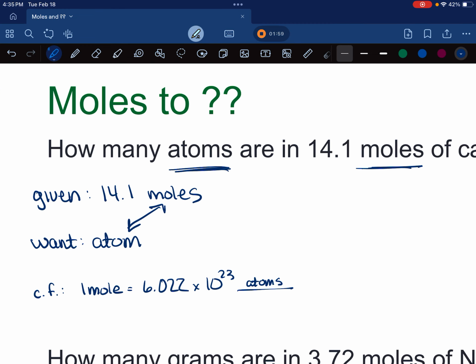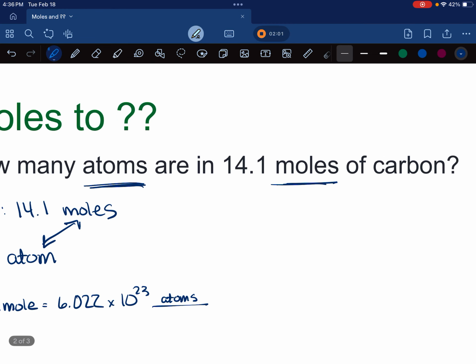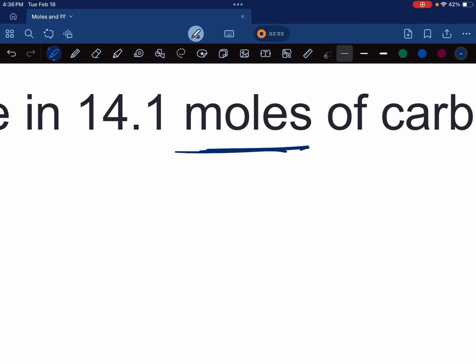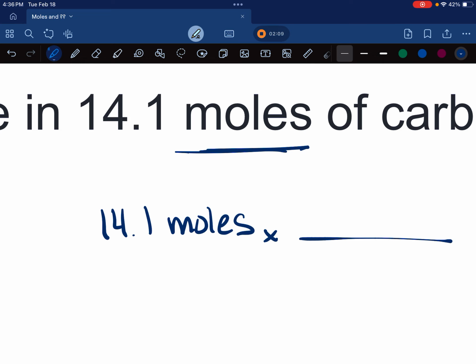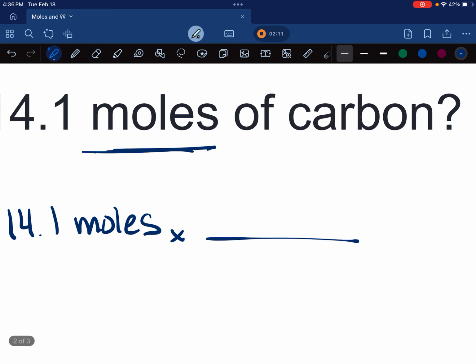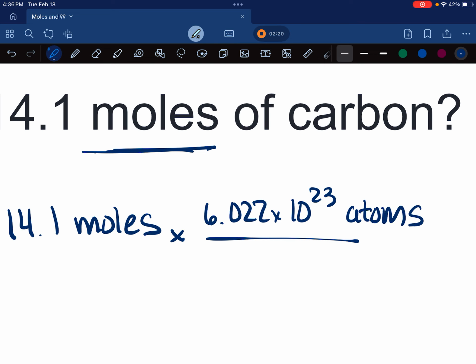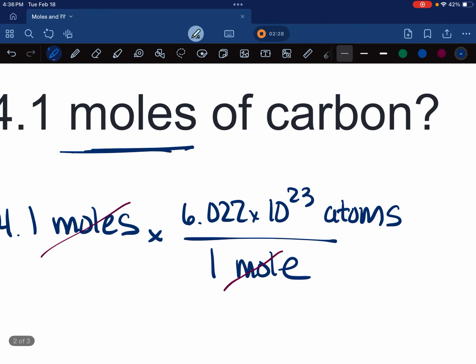Now that we have our given, what we want, and our conversion factor, we can easily set this problem up. Start with your given, 14.1 moles, and you multiply by your conversion factor. We want atoms, so we put Avogadro's number on top with the unit of atoms, and we get rid of the 1 mole that'll be on the bottom. So those two will cancel out with each other.